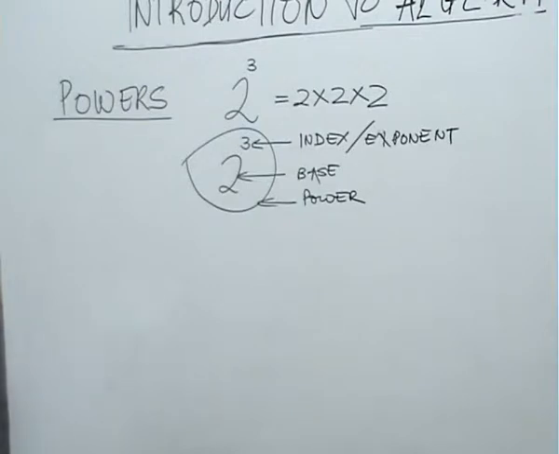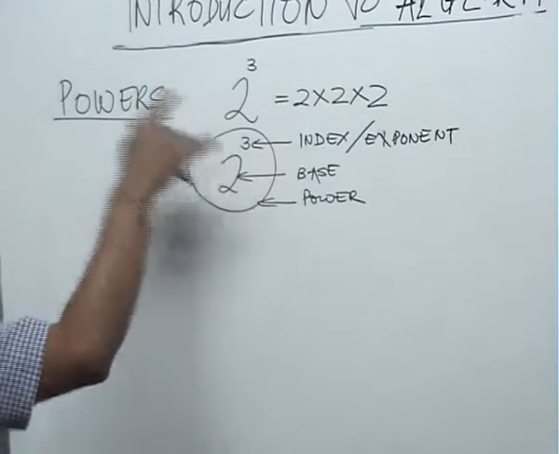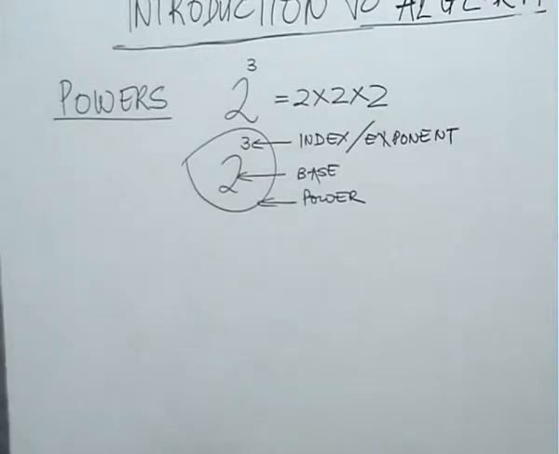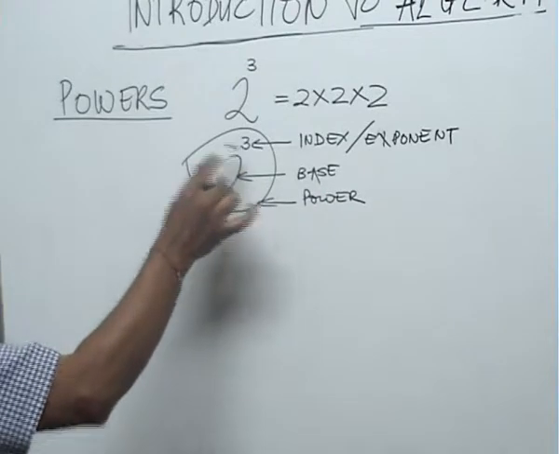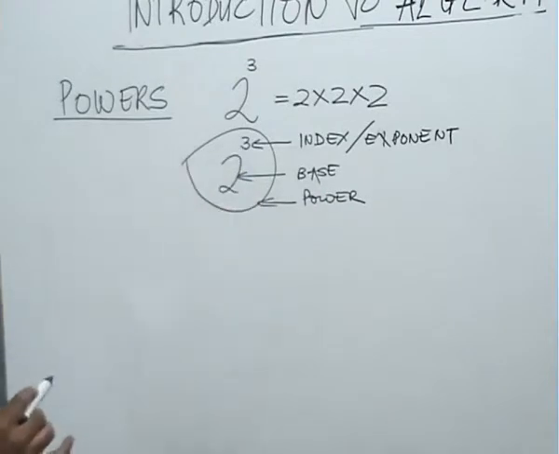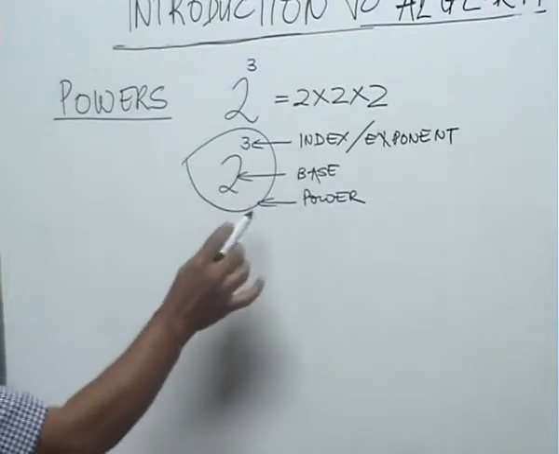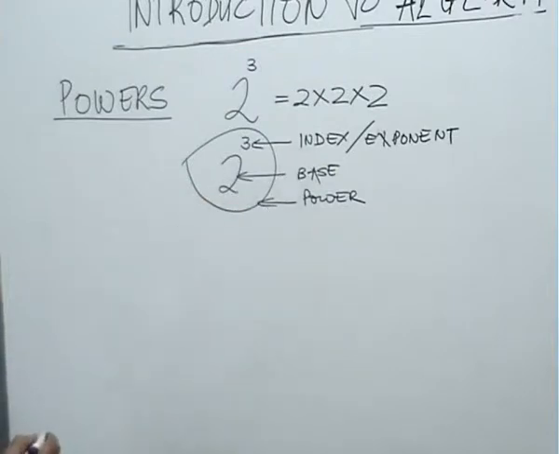So 2 cubed is an example of a power. But people sometimes incorrectly call 3 a power. If I ask you to label a power like this, that will be your index or your exponent, that's your base, and that's your power.